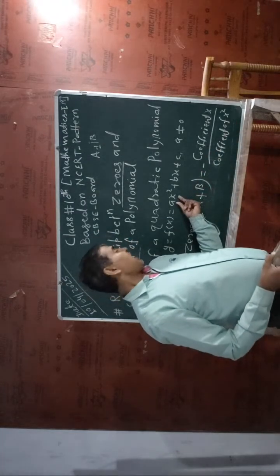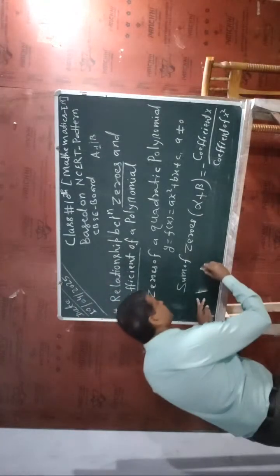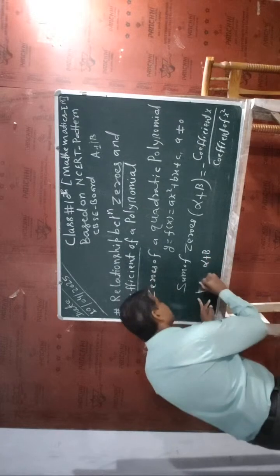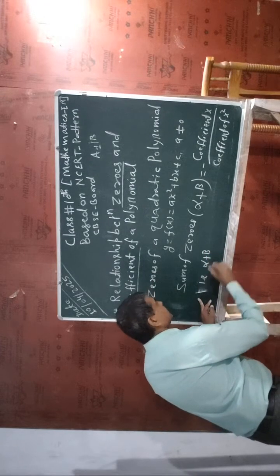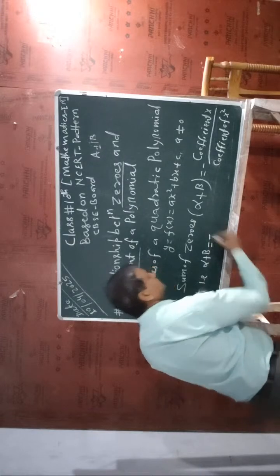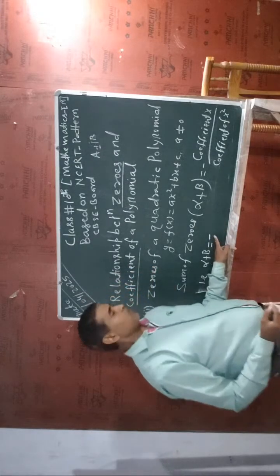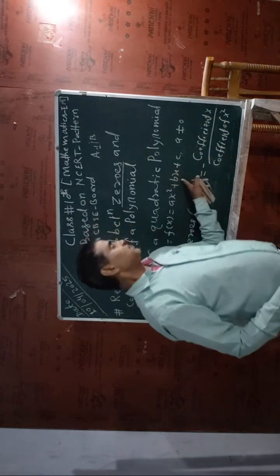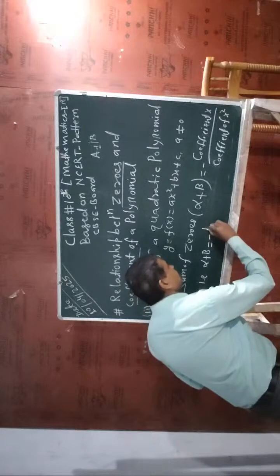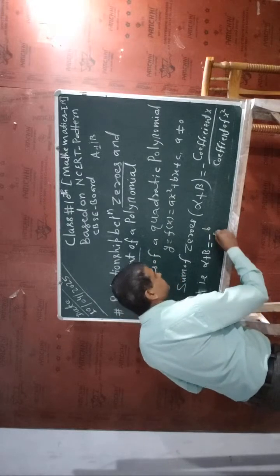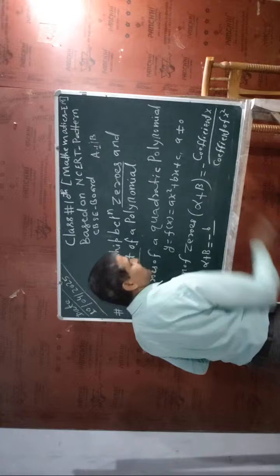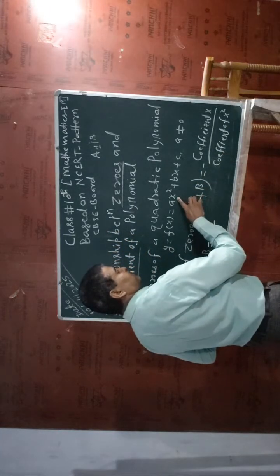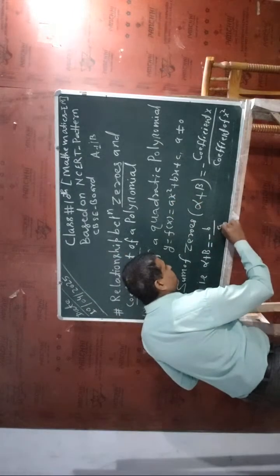Sum of the zeros is equal to alpha plus beta, which is minus, as in the formula, b divided by a. Coefficient of x square here is a.